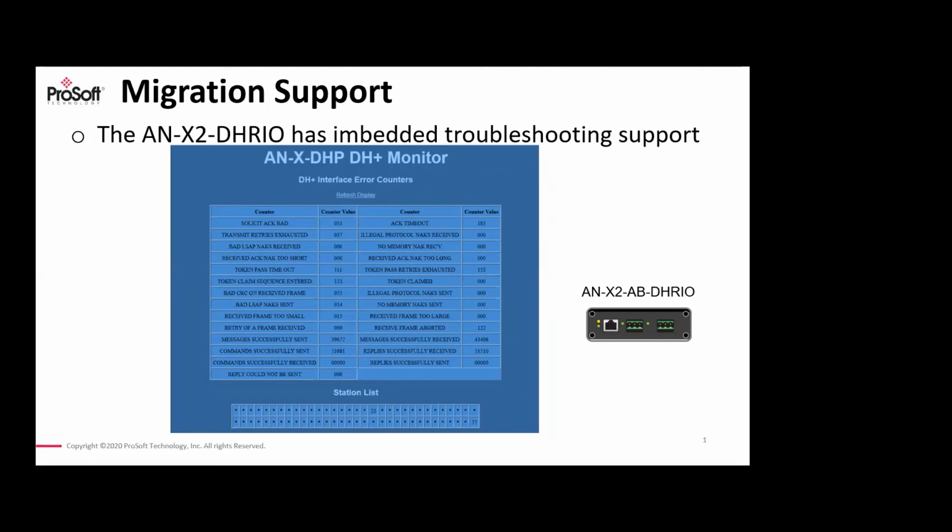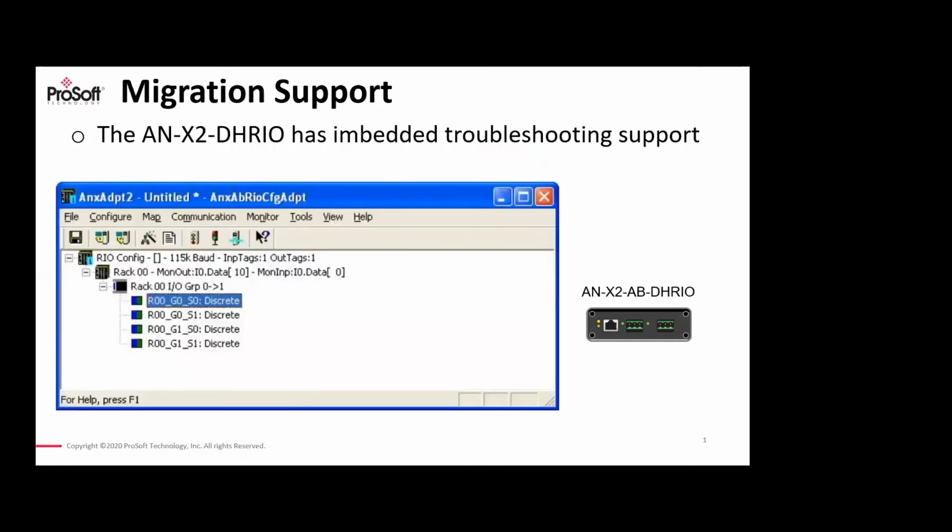The module can go further and actually sniff the DH Plus traffic to allow for an in-depth analysis of how the devices on the DH Plus network are communicating with one another. For remote I/O, the unit comes with a software utility that will allow you to browse the remote racks with your PC via Ethernet, allowing you to see devices that are present and the status of said devices.